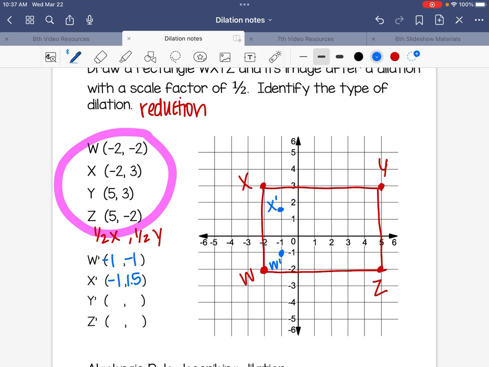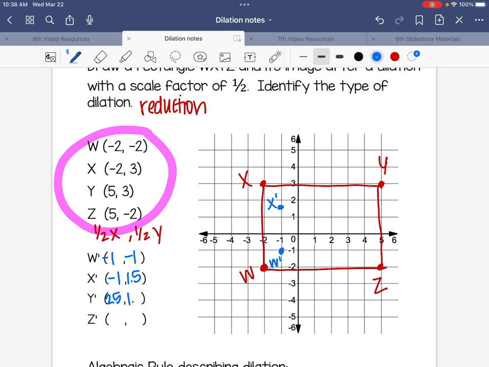Half of 5 is 2.5 to find Y prime's x-coordinate. And then half of 3 is 1.5. So Y prime will go at (2.5, 1.5). And then Z prime will be at (2.5, -1). So here we have our new image, which is our new rectangle.